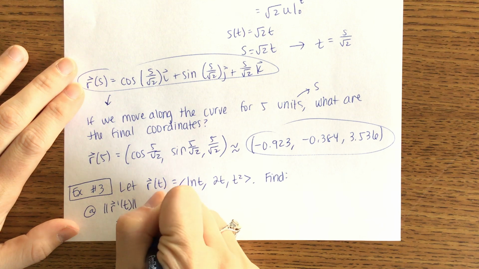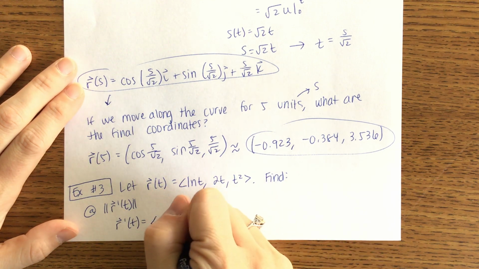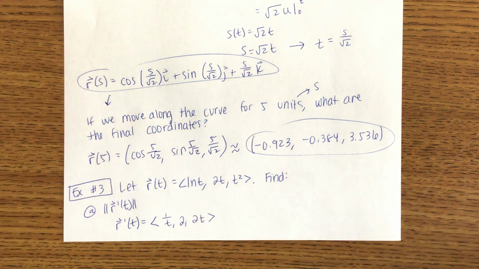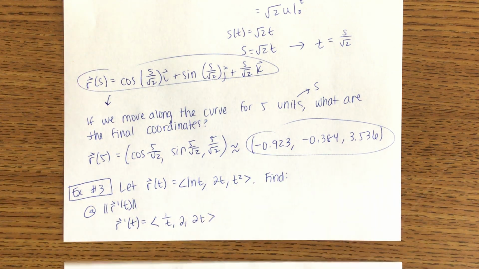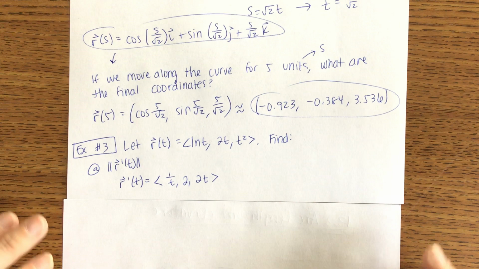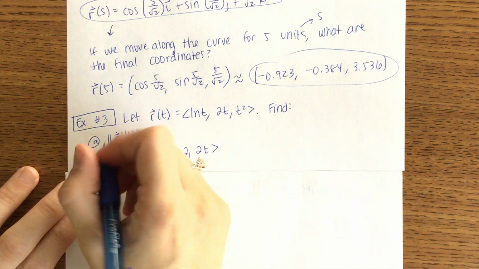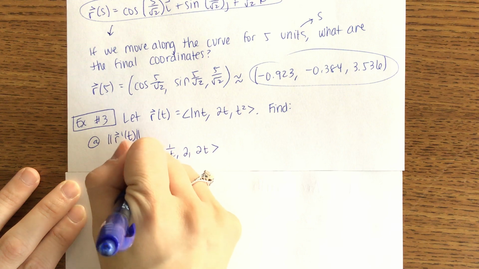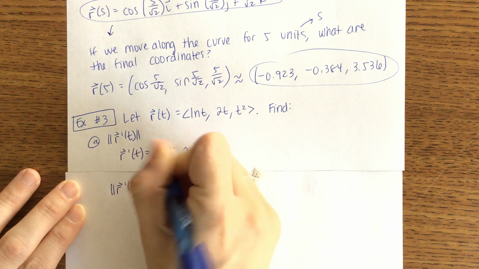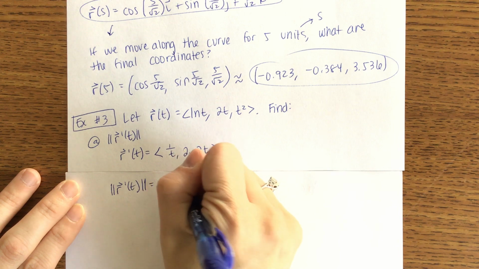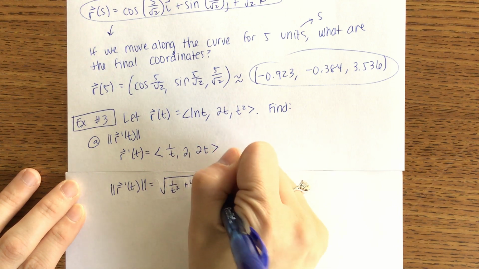So using that function above, r prime of t would be 1 over t, comma 2, comma 2t. The norm then of r prime of t is going to be the square root of 1 over t squared plus 4t squared.